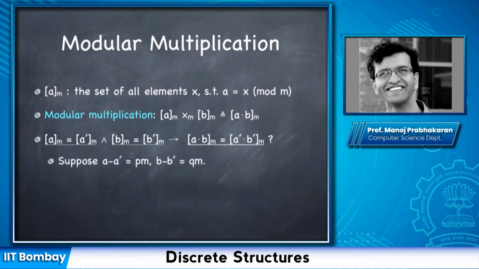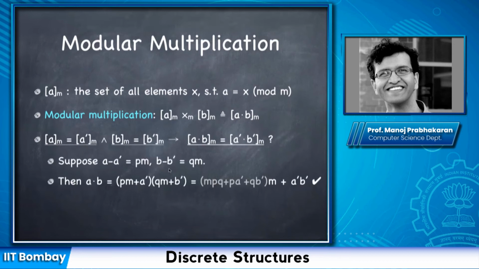So suppose A and A prime are in the same column. So I write A minus A prime as P times M, and B minus B prime as Q times M. And I'm interested in AB, and I want to relate it to A prime B prime. So I start by writing A and B in terms of A prime and B prime. So I can write A as PM plus A prime and B as QM plus B prime.